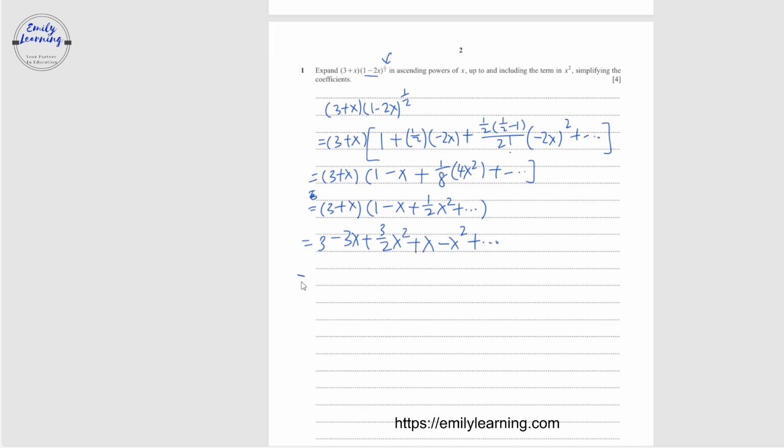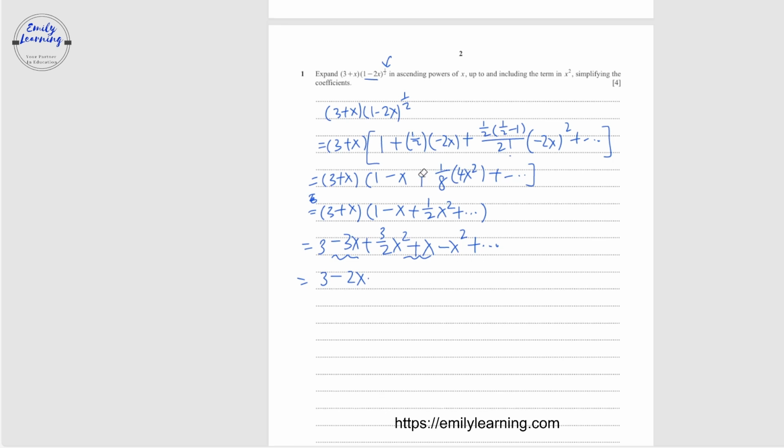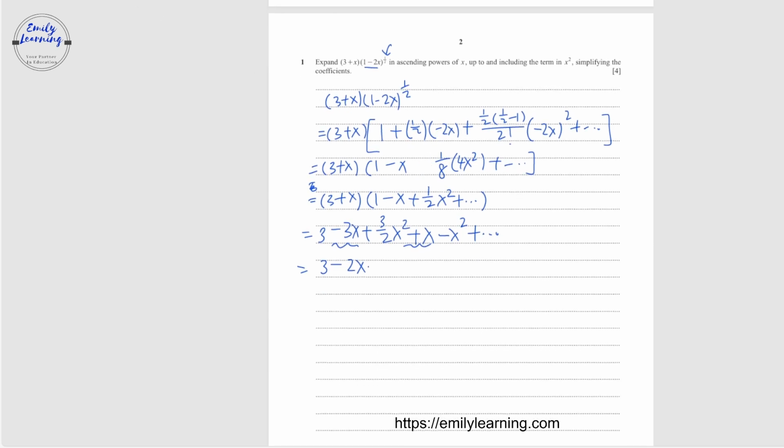Next, let's simplify. So I have 3 minus 2x. Oops, sorry, this one should be minus. Half times minus half times 2 factorial is minus 1/8.